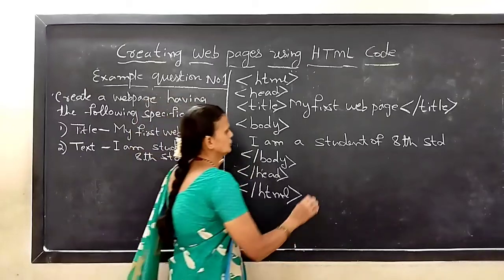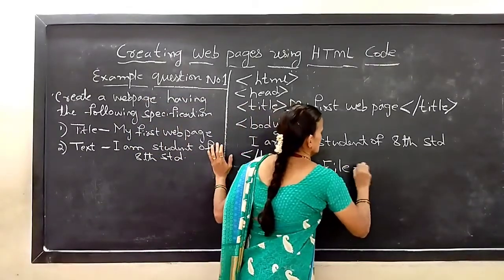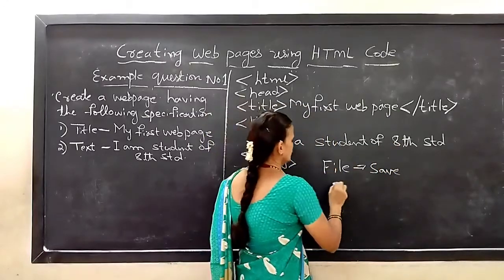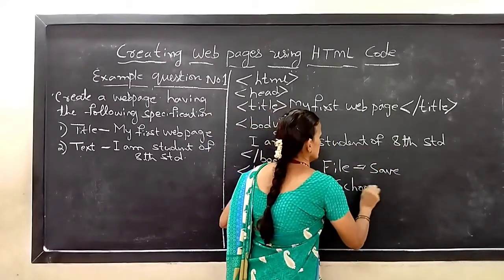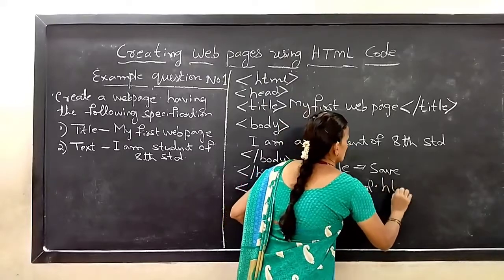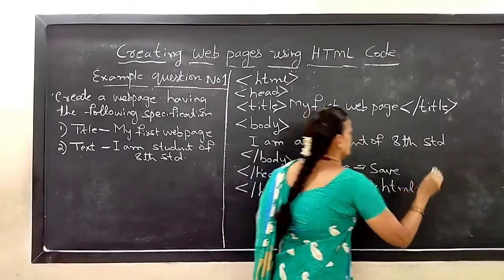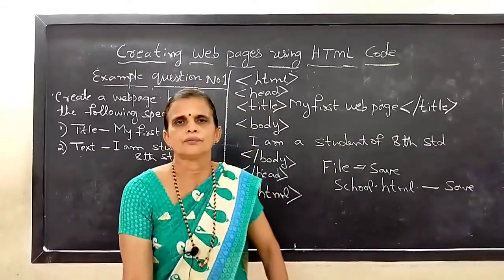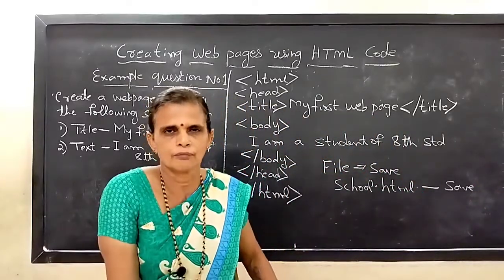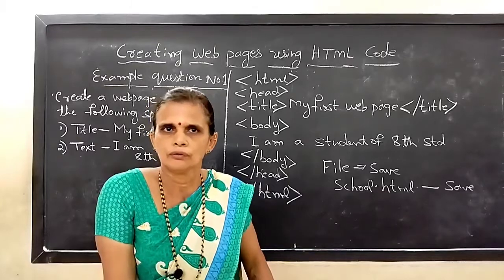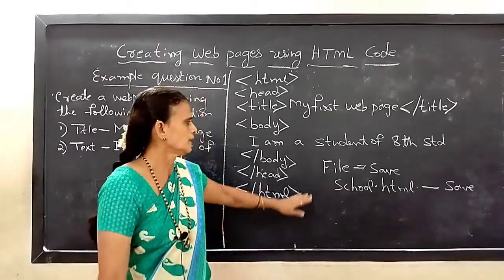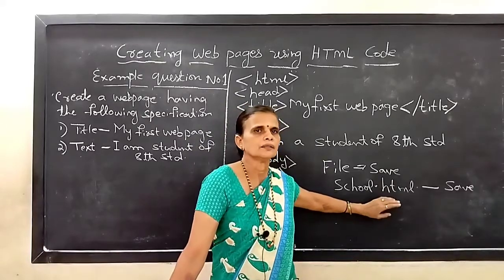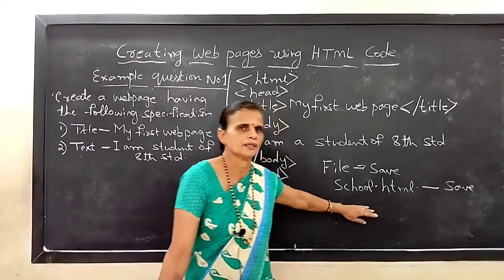What we have to do next, in order to see the result, is first save the file. Go to File, Save, then give the file name, say school, with the extension .html. We have saved that, and next we open any web browser like Mozilla Firefox or Google Chrome and select our file school.html, open that and look at the result.